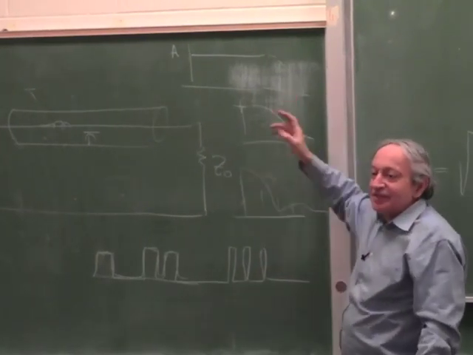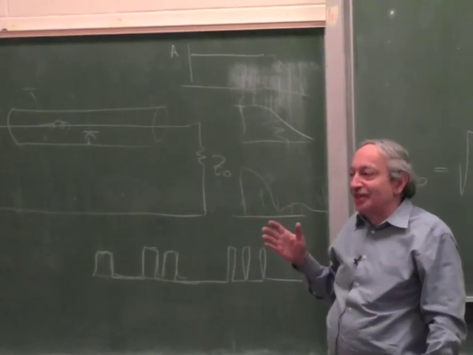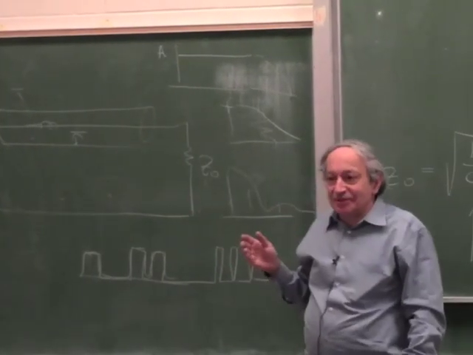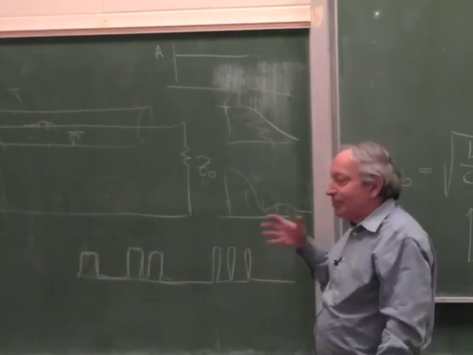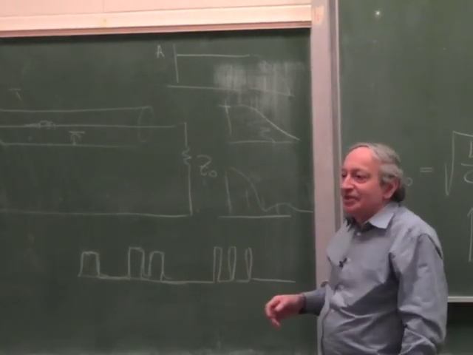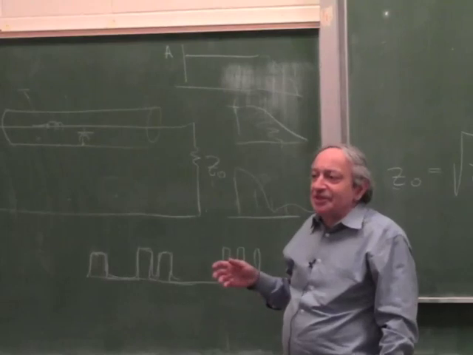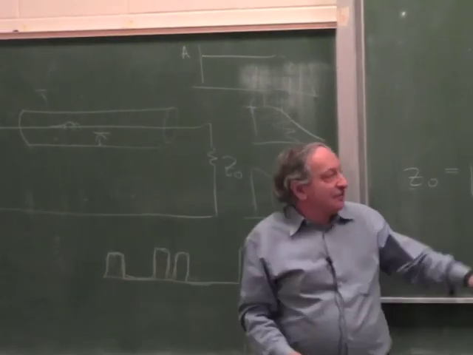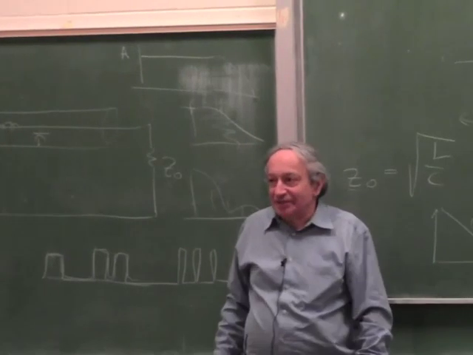The real significance is that it doesn't distort the shape of the signal, because it passes all spectral components equally. So that's why when you send pulses, and not just pulses, high frequencies, over long distances, you have to use this method, a transmission line, versus just a shielded wire.